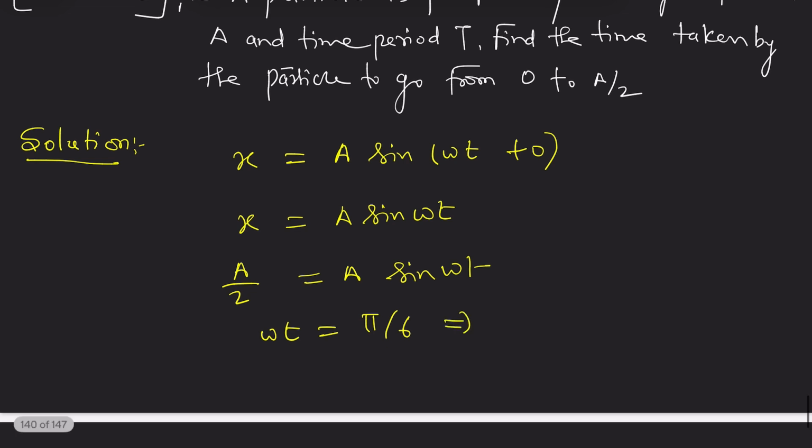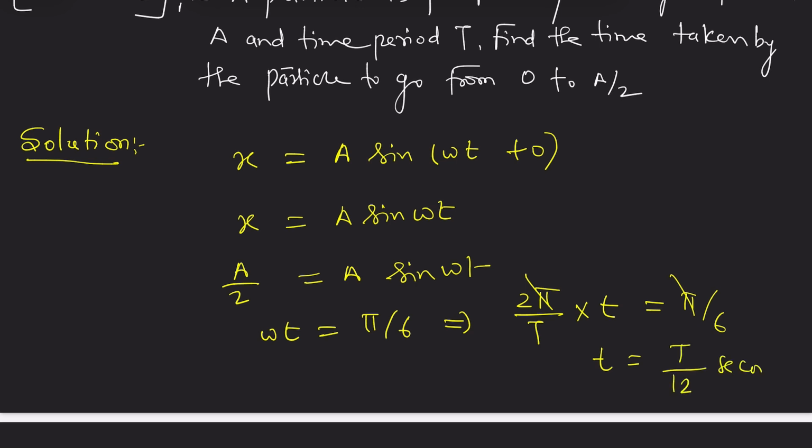From here, omega is nothing but 2 pi by T, so we can write 2 pi by T into t is equal to pi by 6. Pi cancels. What they had asked was time, so time will be simply T by 12 seconds, or whatever unit they have given. So the answer would be T by 12 seconds.